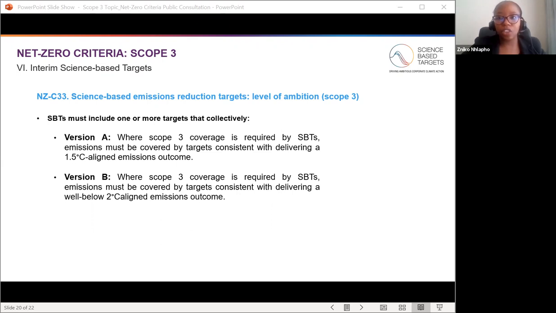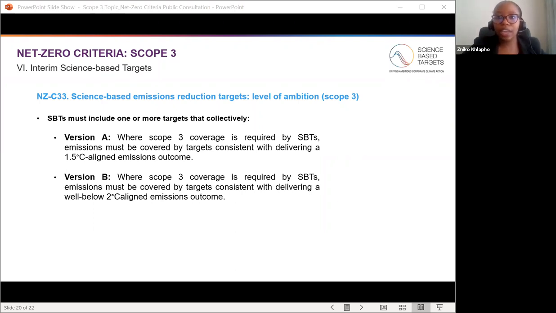So as an example, research suggests that supplier engagement targets are an effective Scope 3 approach if meeting stringent criteria. So other target setting approaches could be considered for Scope 3 that meet this criterion.